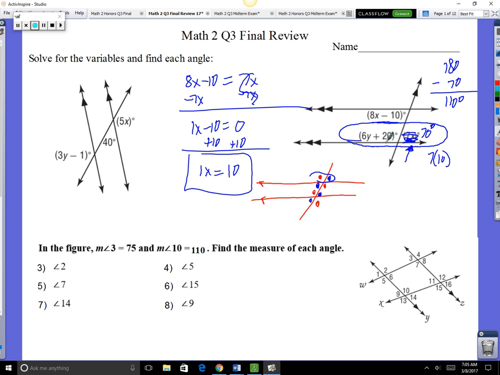So the geometry tells me that angle's got to be 110. So the algebra is going to be 6y plus 20 has to equal 110 degrees. So minus the 20, minus the 20, and we've got 6y is equal to 90. Divide by 6, divide by 6, and you have y is 15.